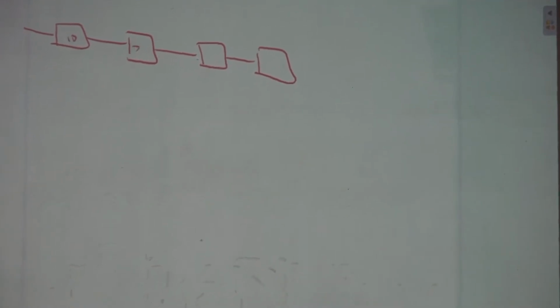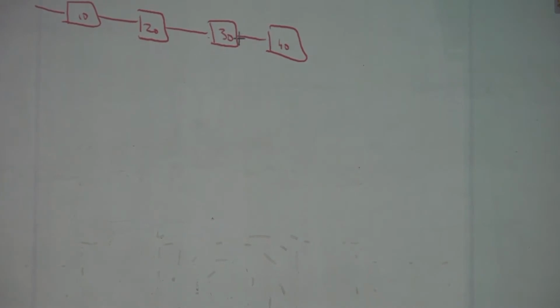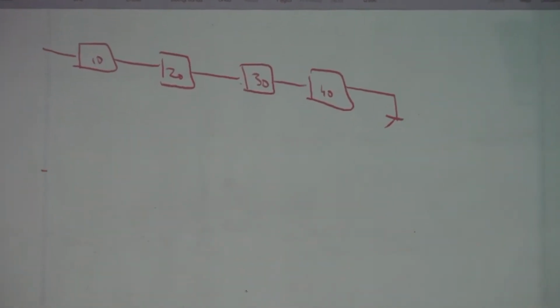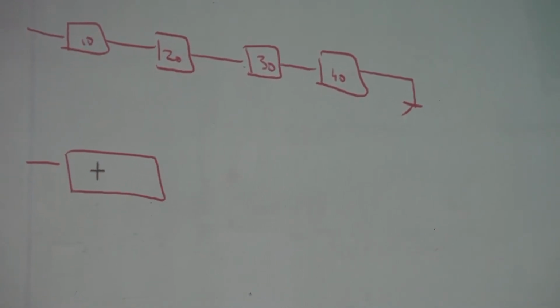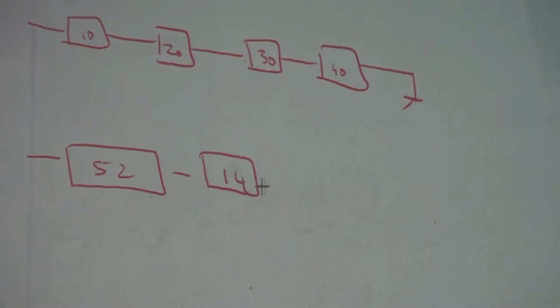Imagine that you have a linked list of some kind. So let's say it is 10, 20, 30, 40. So this is a linked list. And then there is another linked list of, let's say, 52, 14, some arbitrary linked list.